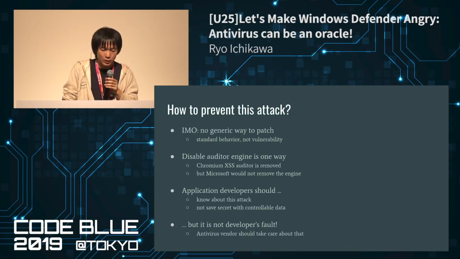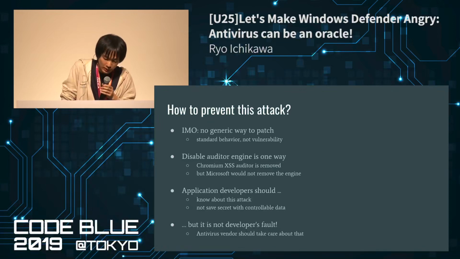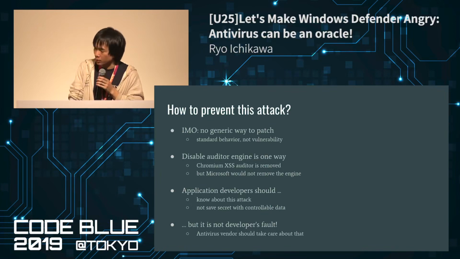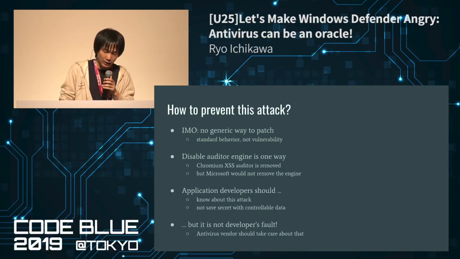But Microsoft would not remove the engine because it would ruin Windows Defender completely. So application developers should know about this attack and not save secrets with controllable data. But remember, it's not the developer's fault, and the antivirus vendor should take care of that.